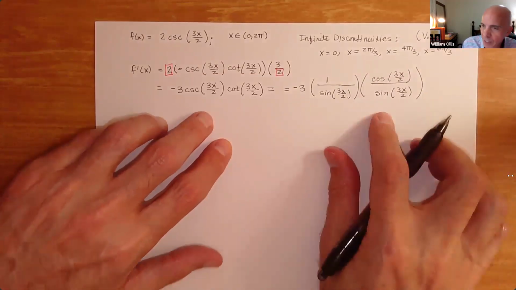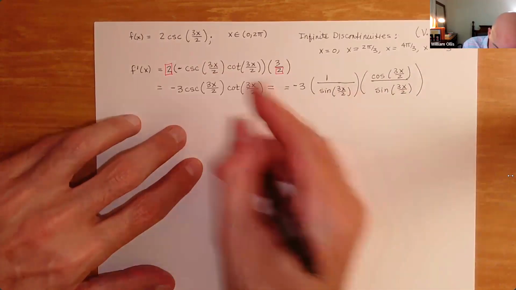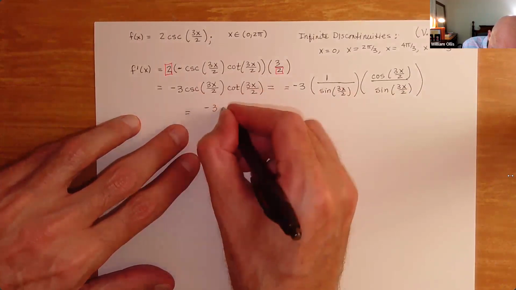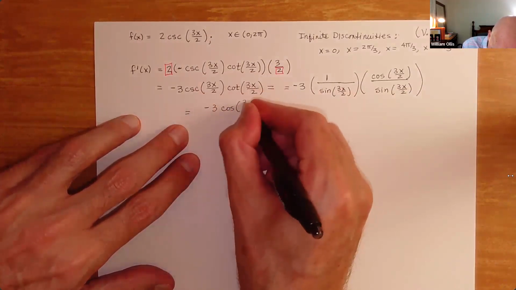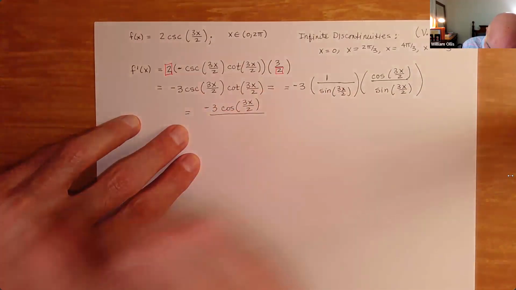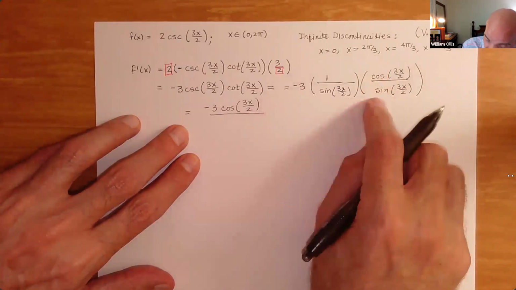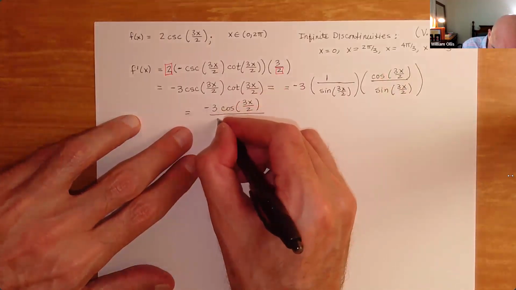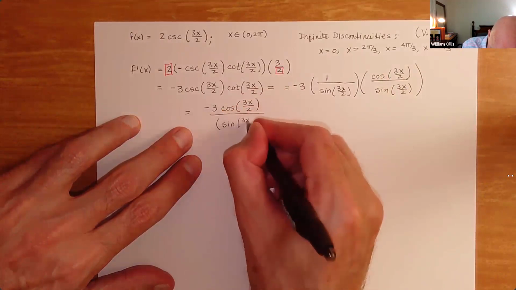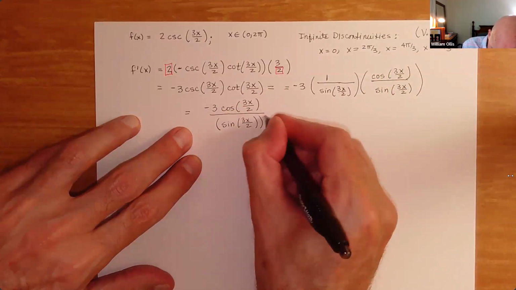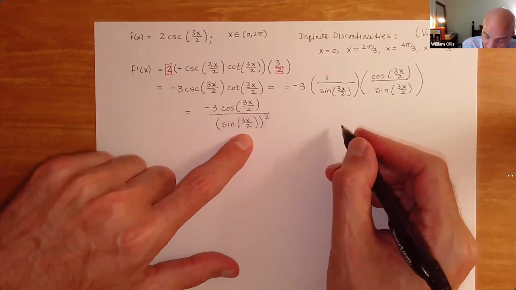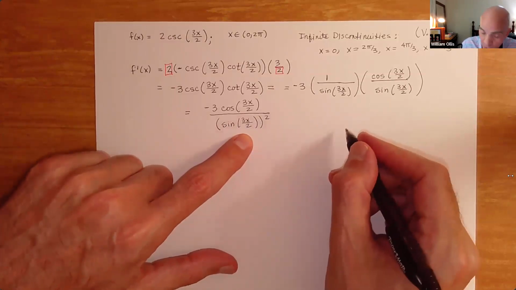Now, this is opening the door to much greater analysis. So now we can just put everything together. So we have the negative 3, we have the cosine 3x over 2. We know what the sine is giving us as far as infinite discontinuities, but that occurs to a second power. So we have sine of 3x over 2 quantity squared. So what we're seeing is that the infinite discontinuities have multiplicity 2.